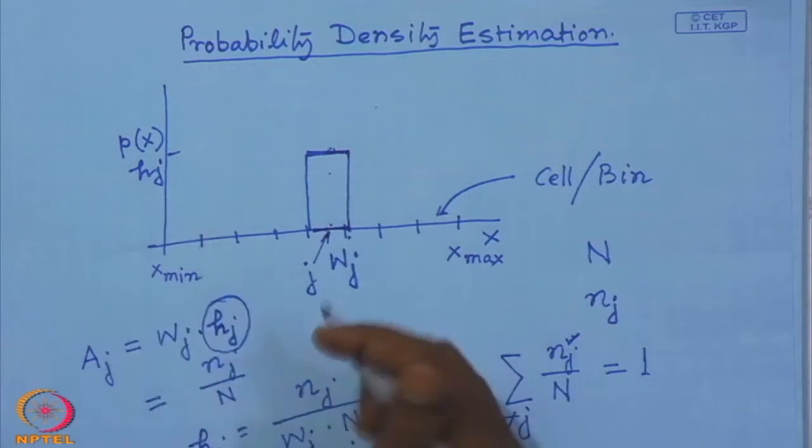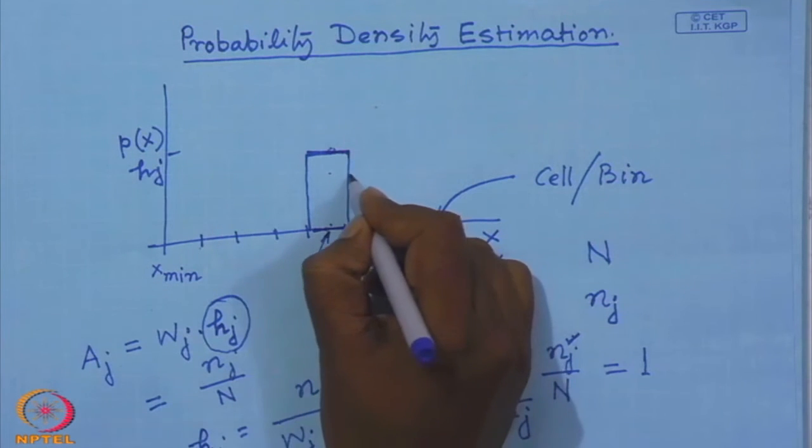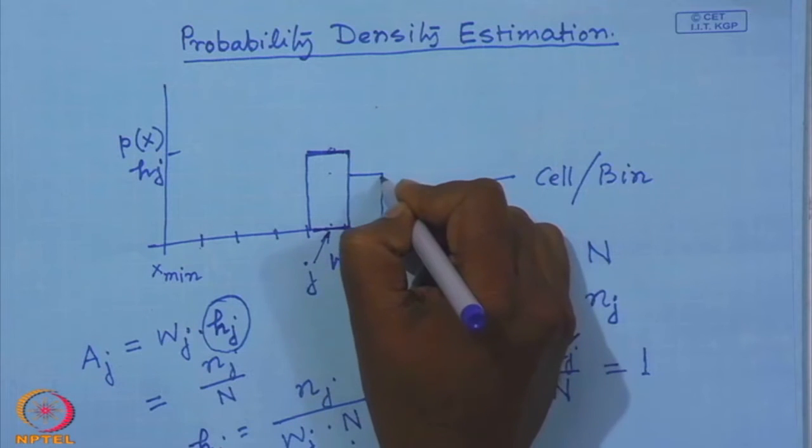And once I estimate the value of h j for all values of j, that means for all the different bins, I can have estimated values something like this.